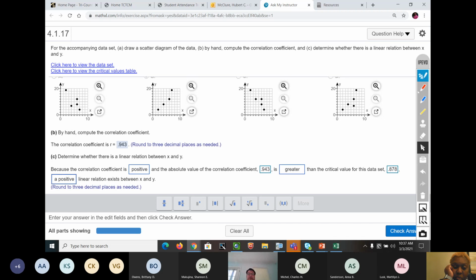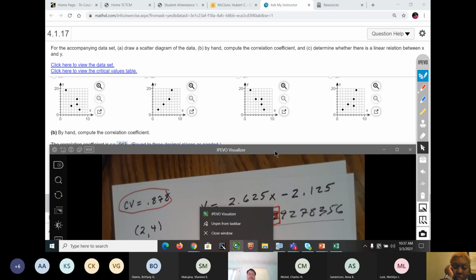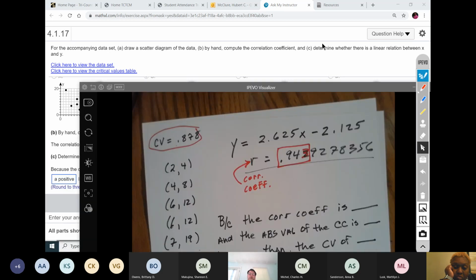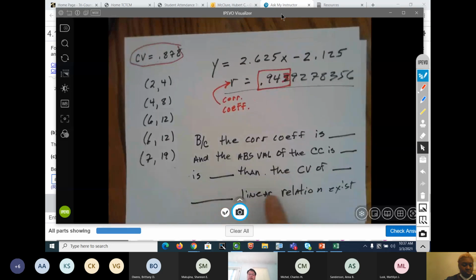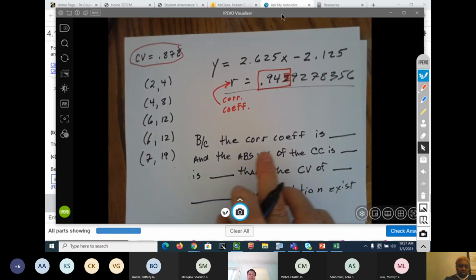Okay, everybody should have this written on a piece of paper if you have no idea what we're doing. That's what you should have written.